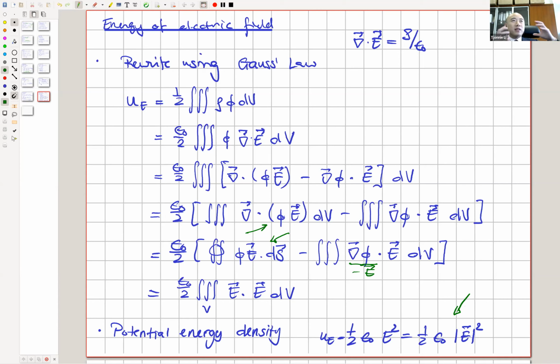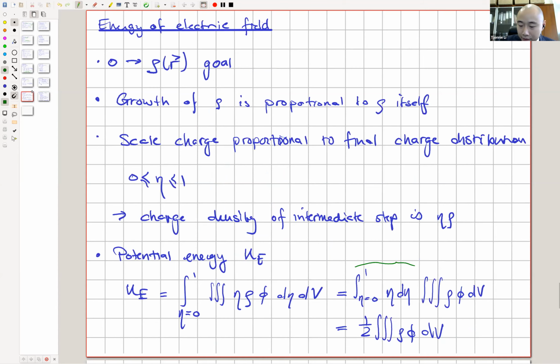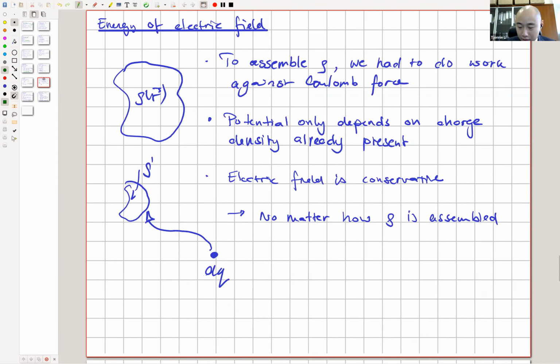Because remember what we did when we started off: we want to bring particular charges from infinity, where there's no force, there's no field, all the way to a particular localized charge distribution.